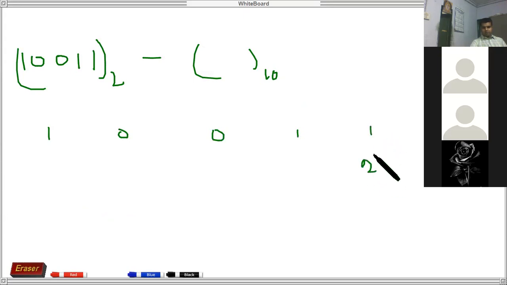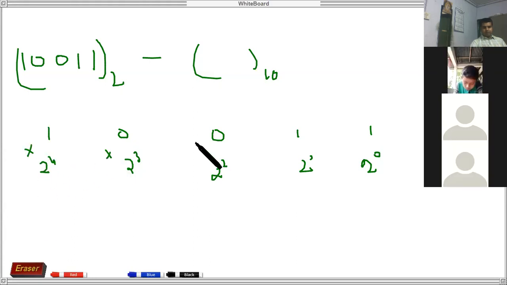This will be 2 to the power 0. This becomes 2 to the power 1. This becomes 2 to the power 2. This becomes 2 to the power 3. This becomes 2 to the power 4. Okay, perform multiplication.